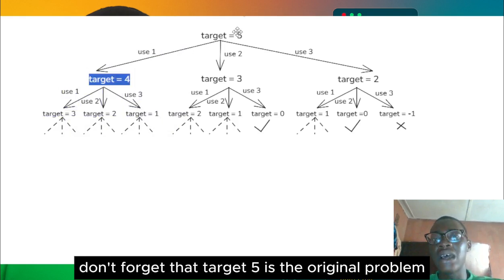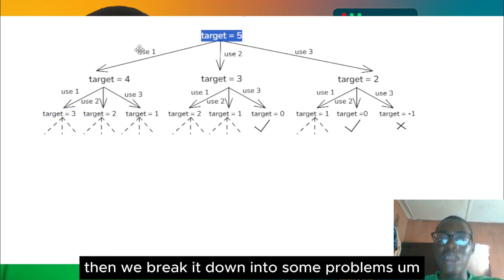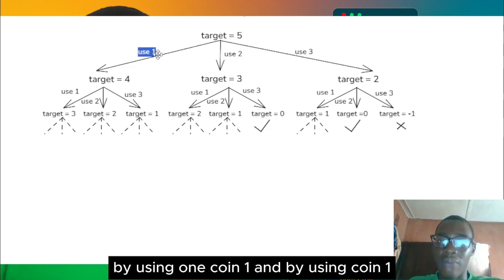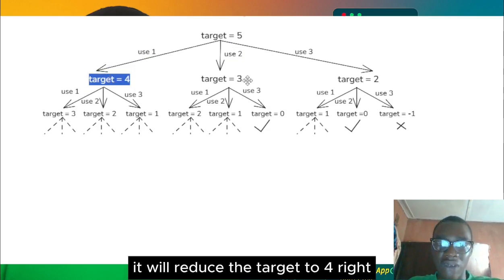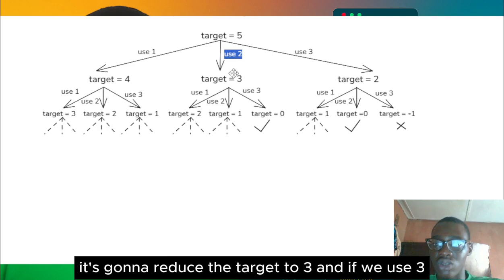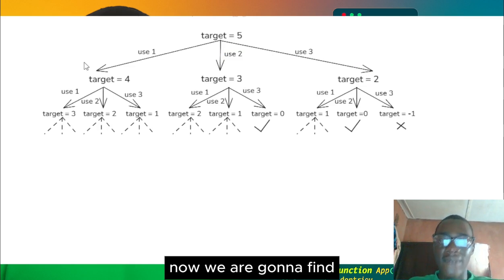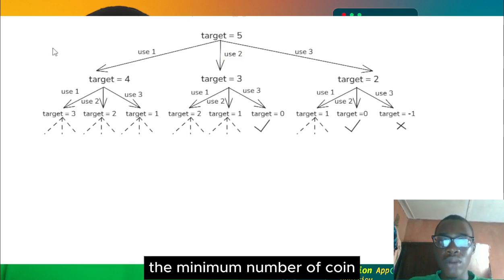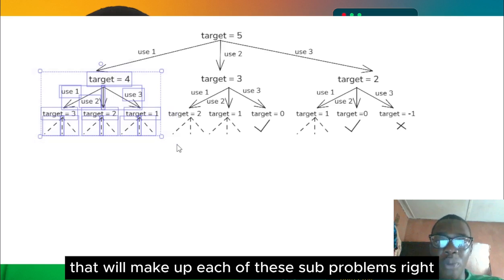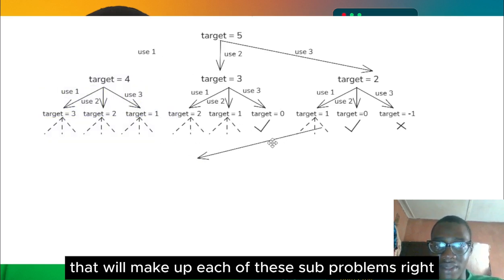Don't forget that target 5 is the original problem. Then we break it down into subproblems by using coin 1, and by using coin 1 it will reduce the target to 4, right? And if we use 2, it's going to reduce the target to 3, and if we use 3, it's going to reduce the target to 2. Now we are going to find the minimum number of coins that will make up each of these subproblems, right?